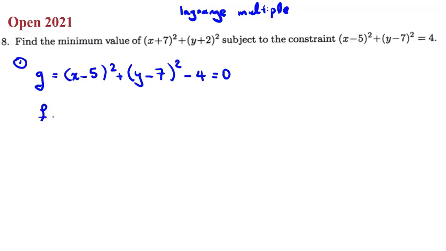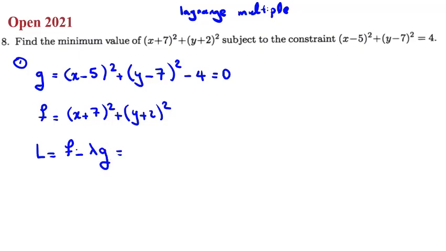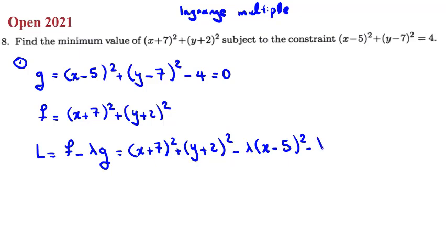The next step: the thing that we want to find the minimum or maximum of is F. Here it is (x plus 7) squared plus (y plus 2) squared. Then we define L, which equals F minus lambda G. So it is (x plus 7) squared plus (y plus 2) squared minus lambda G, which is minus lambda (x minus 5) squared minus lambda (y minus 7) squared plus 4 lambda.